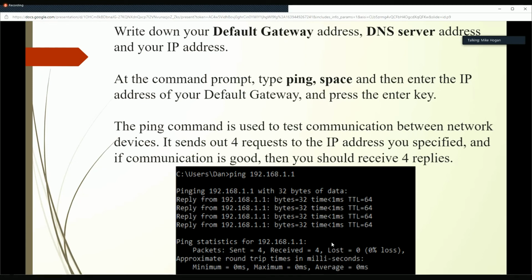Now, depending on what you're trying to test connectivity to, you may only receive 3 packets back, and sometimes that's because when it's finding the way to the destination, it might take a little bit longer for that first packet, and that first packet might time out, and then by the time that second packet is sent, boom, it comes back, and you get 3 of the 4 maybe fine.